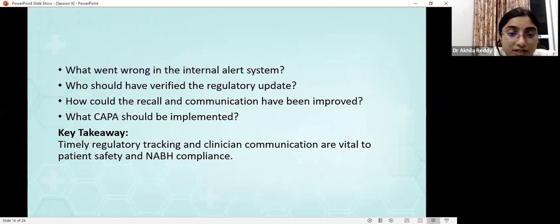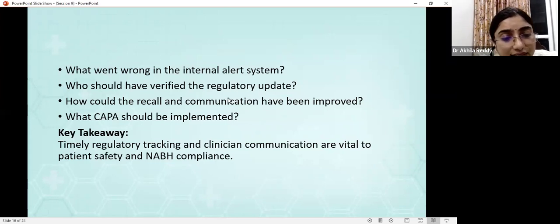At least for the preventive action, we can make all the pop-ups and alerts. Based on the alerts, we can hyperlink that, so that the clinician will be more alert before prescribing the medication. So the key takeaway is timely regulatory tracking and clinician communication are vital to patient safety and NABH compliance. Do you agree or not?